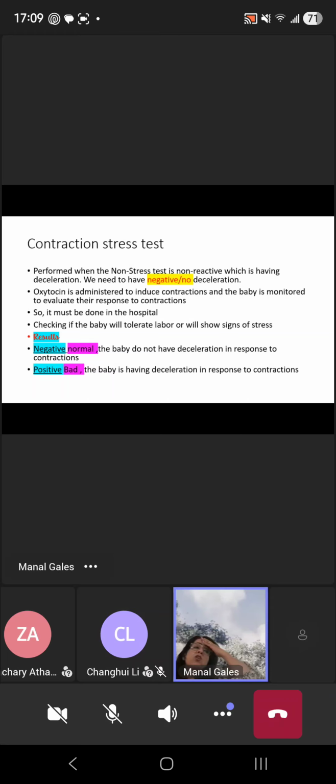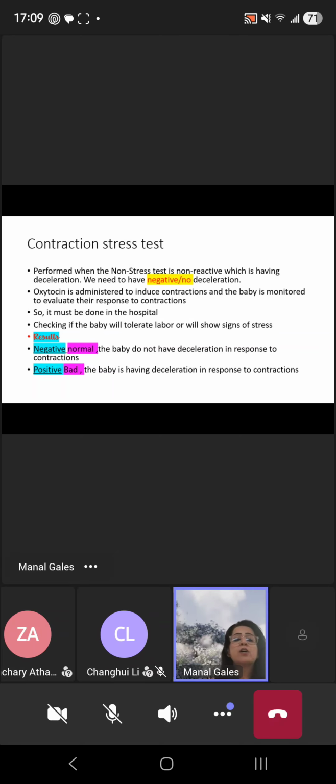Okay. We are starting the contraction stress test, right? We induced the contraction. She started to contract. With the contraction, the baby's heart rate is decelerating. So is it a positive or negative result? It's positive because it's not good.